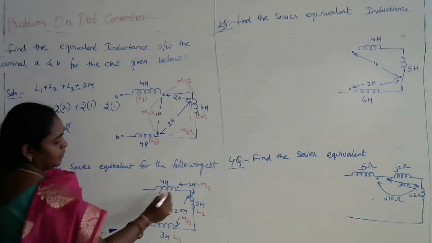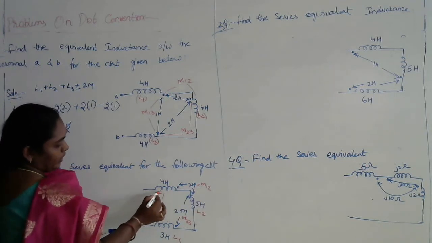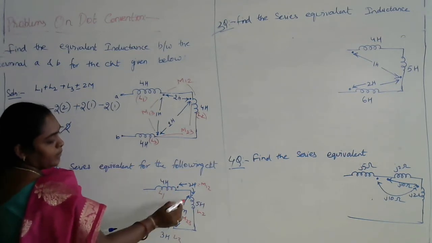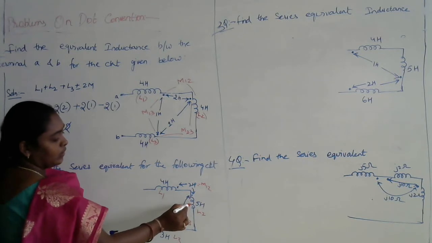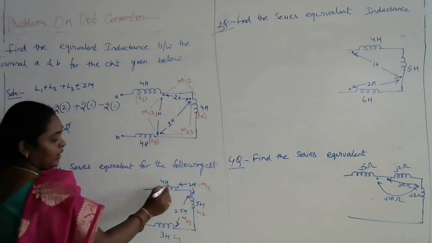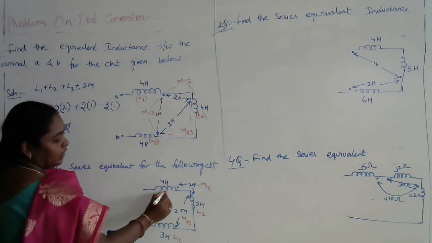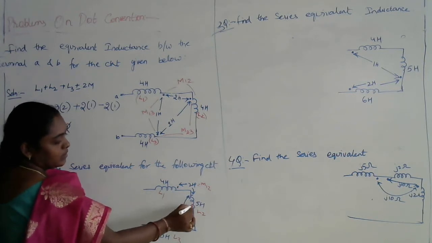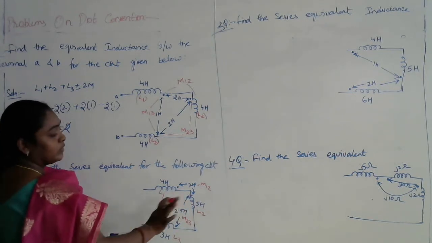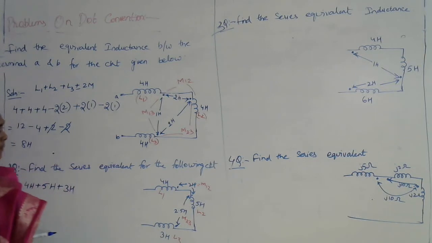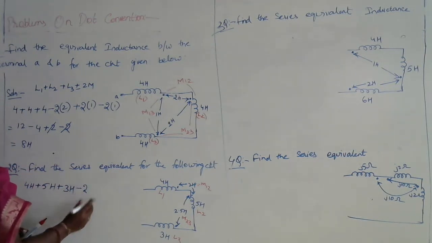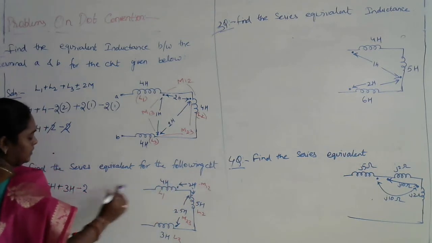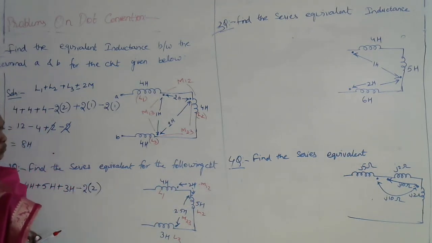Coming to the mutual inductance M12, here the current is flowing from coil to dot, but here the current is first entering into the dot, then flowing into the coil. Here it is coil to dot, here it is dot to coil, as both are in the opposite direction, the value of mutual inductance is minus 2, and the value of this inductance is 2, so minus 2 into 2.